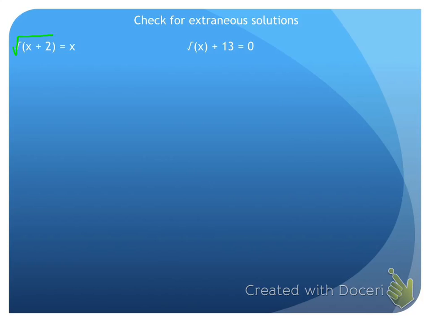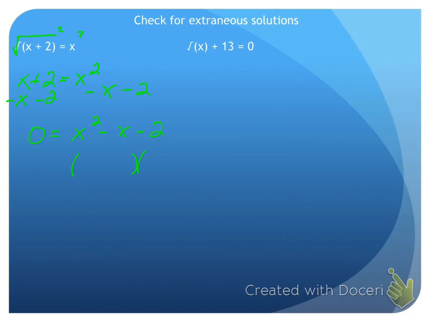So again, with this first one, I have the square root of x plus 2. Square root is already by itself, so I square both sides. So I get x plus 2 is equal to x squared. The easiest way to do this is to move my left side over to my right side, because I want to keep my x squared positive. So I subtract x and subtract 2 over to the other side, and get 0 is equal to x squared minus x minus 2.